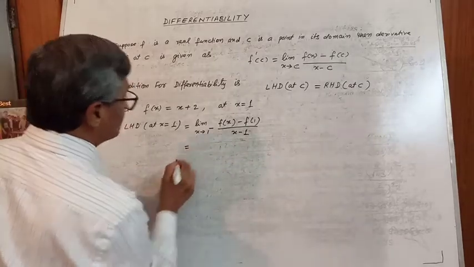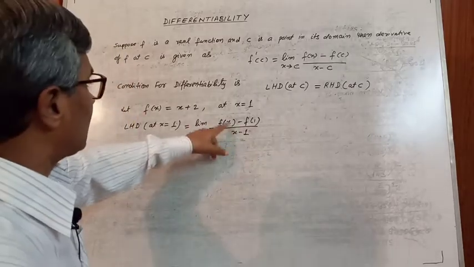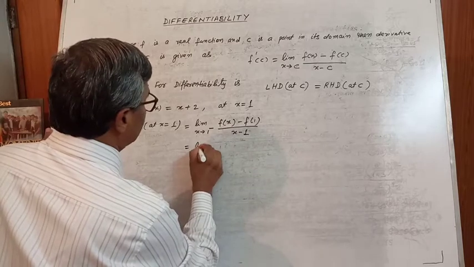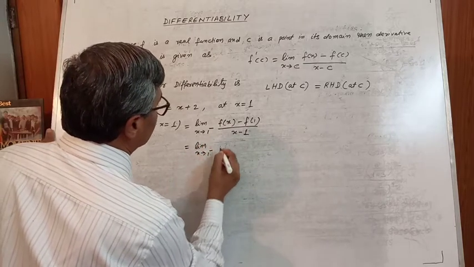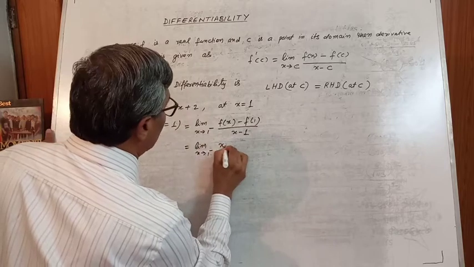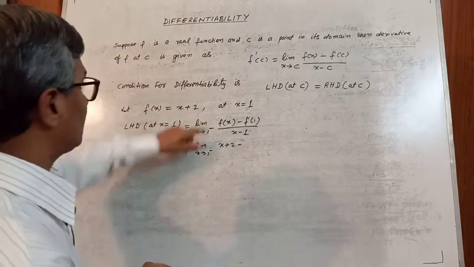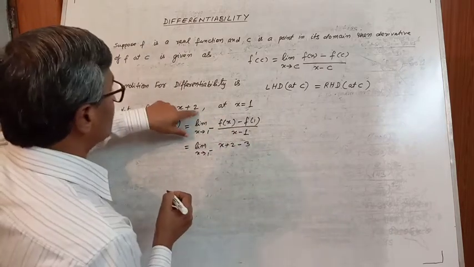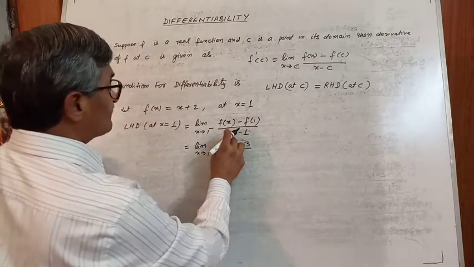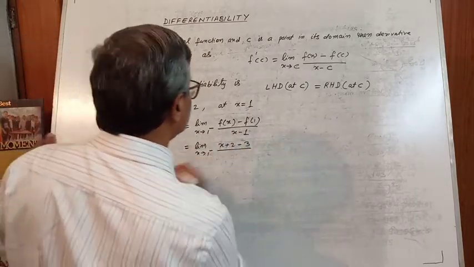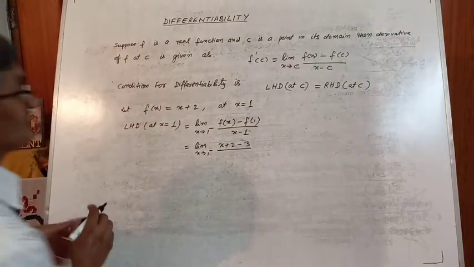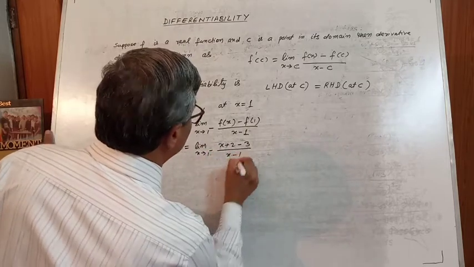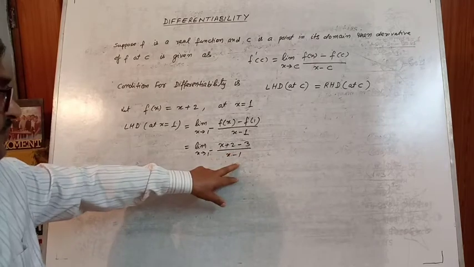So for finding this limit, here we can put the function value directly. Limit x tends to 1 minus, f(x) means x plus 2, minus f(1). f(1) means we are putting 1 here, this will be 3, 1 plus 2, divided by x minus 1.